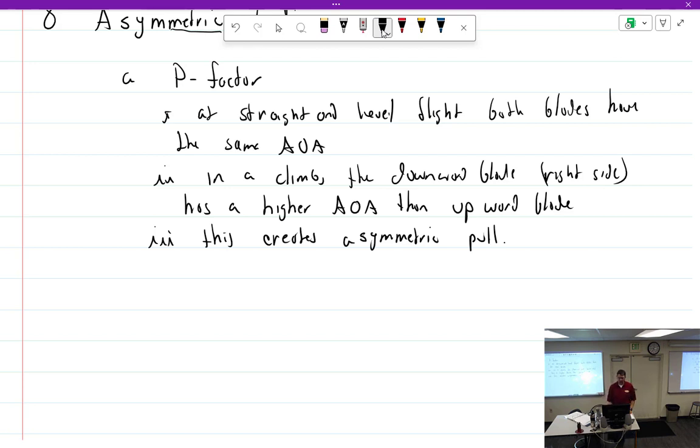So which way is the airplane going to go? Right to the left. To the left. The plane will yaw to the left.